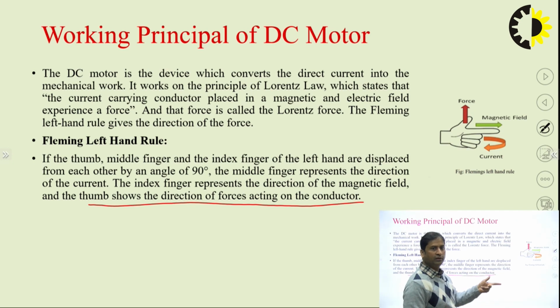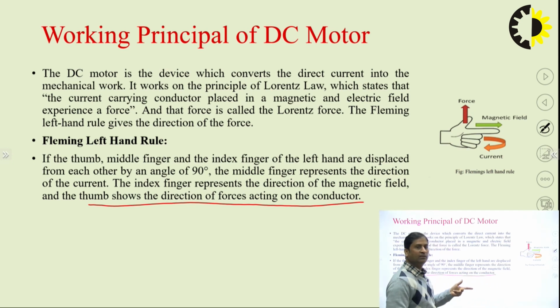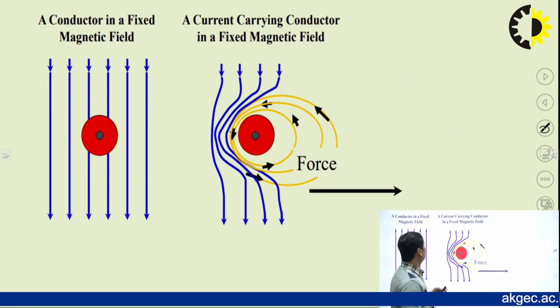This is simply a method to find the direction of force on the conductor, so that it will rotate in that direction.